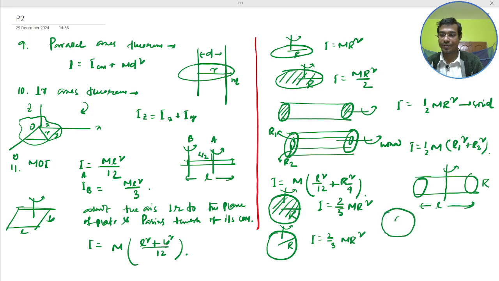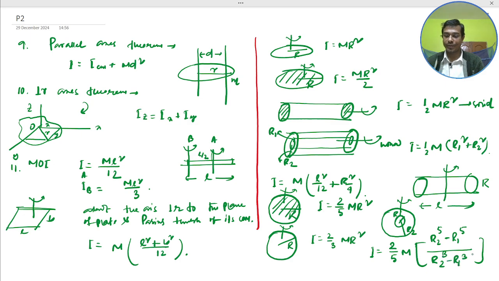This is a hollow sphere where the inner radius is r1 and the outer radius is r2. You have to find the moment of inertia in this direction, that is 2 by 5 m, r2 to the power 5 minus r1 to the power 5 divided by r2 cube minus r1 cube. R1 and R2 are the inner and the outer radius.